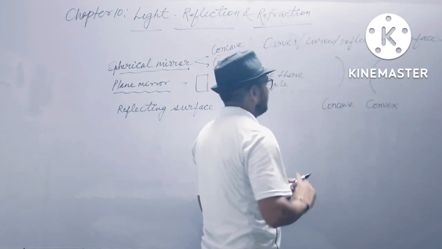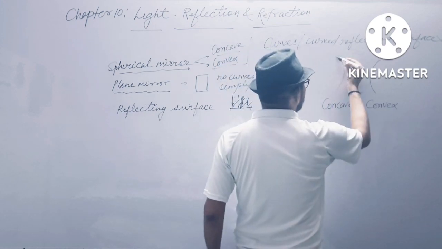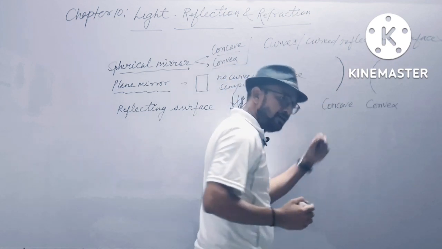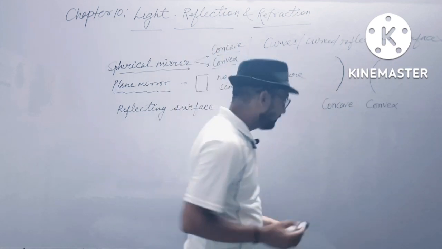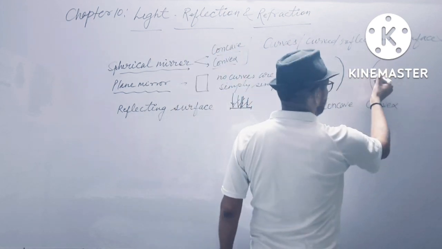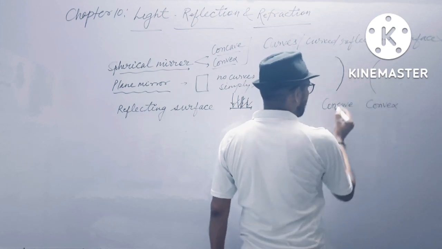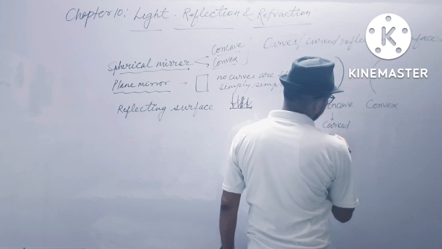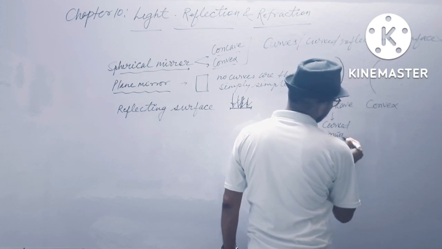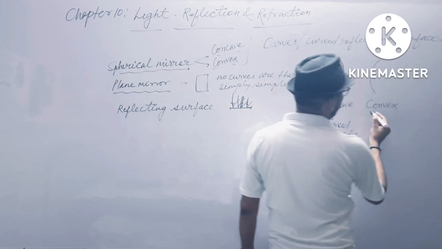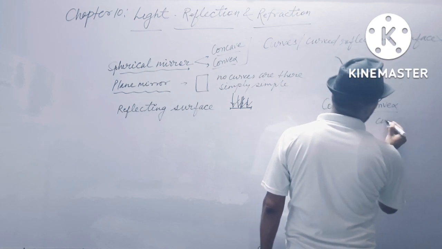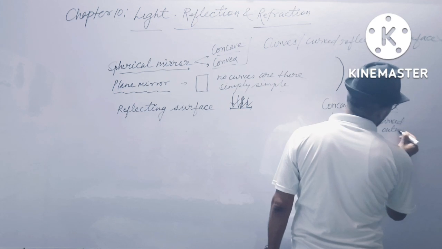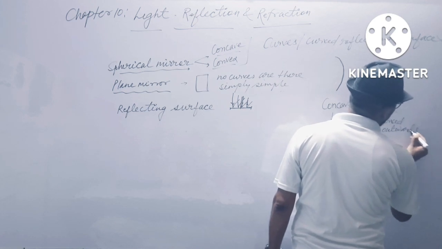Here what you see is curved inwards, and this one is curved outwards. This is curved inwards, and convex is curved outwards.